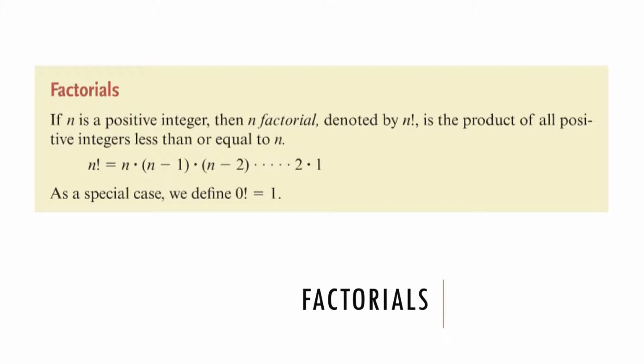If n is a positive integer, integer just means a whole number like 1, 2, 3, 4, 5, then n factorial, denoted by n with a little exclamation point, is the product of all positive integers less than or equal to n. So n factorial is equal to n times n minus 1 times n minus 2, all the way down to 2 times 1.